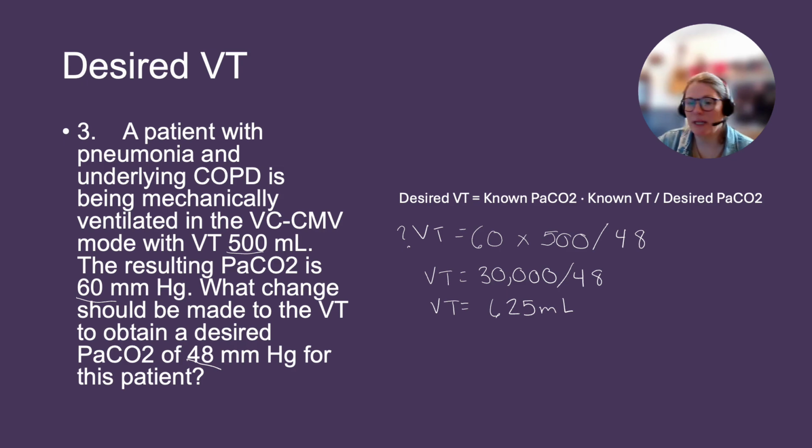And that's in milliliters, guys. So what we would do to get our patient's CO2 from 60 to 48 is we would increase that tidal volume from 500 to 625.